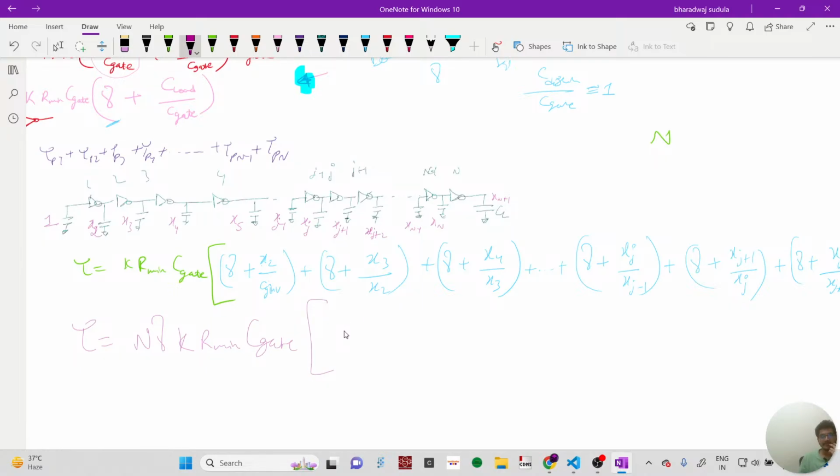Gamma, I have taken it out. So 1 plus, I can say that for a gate cap, output cap by input cap is nothing but the fan out of that gate.